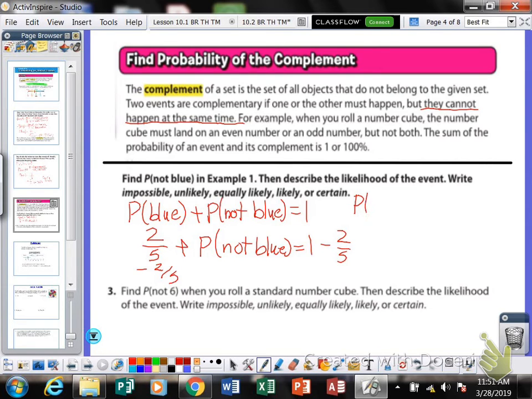So the probability of not blue, 1 minus 2/5, is going to give me 3/5 or 60%. Okay. So because the probability of the event is greater than 50%, the event is likely to occur. Okay, another example.